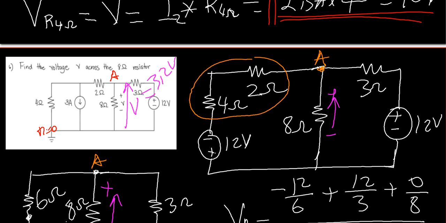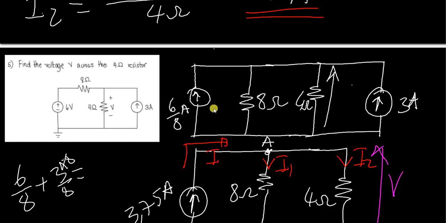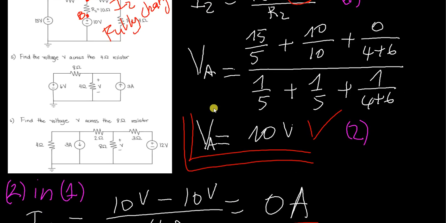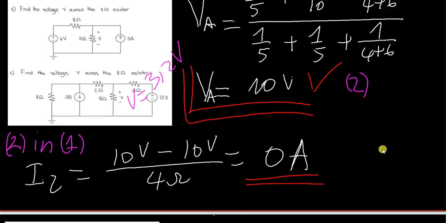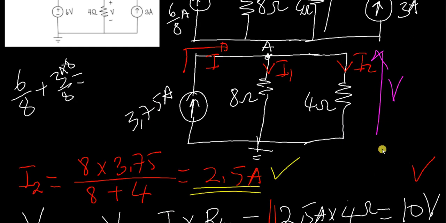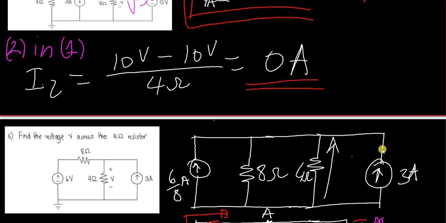Let us record it in the first page so that we will have the cover of this video very well. V is equal to 3.2 volts, and the other voltage that we found before, we got 10 volts.